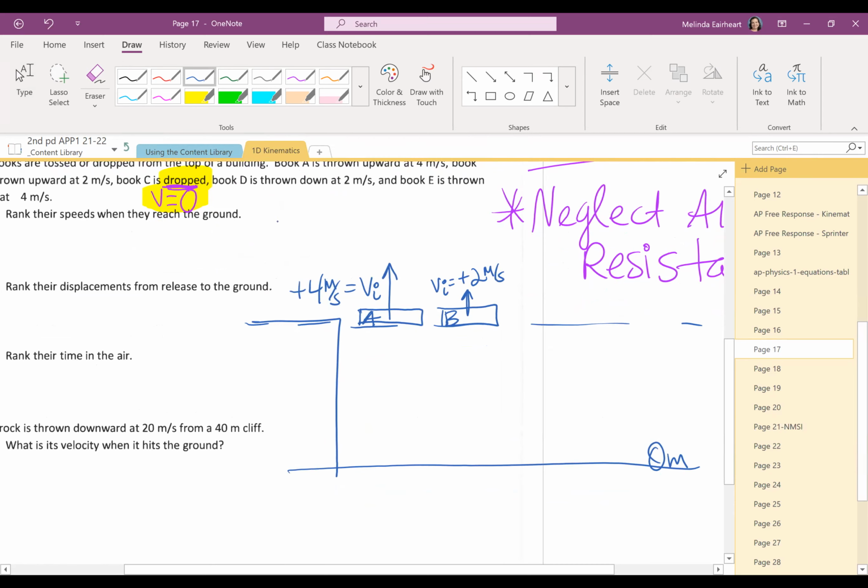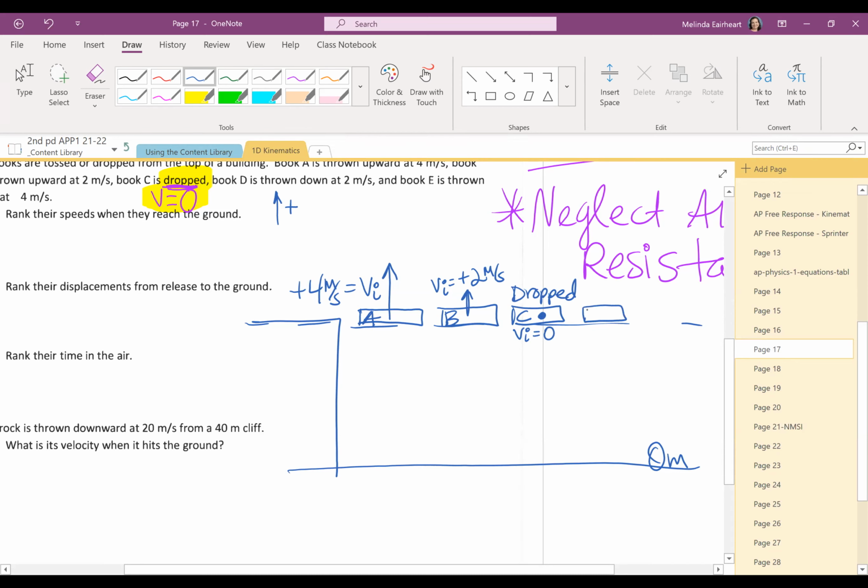I'm saying up is positive, right? So gravity would be negative. Gravity pulls things down. Book C is just dropped. No arrow. So this is like our dot. No arrow is a dot. Initial velocity is 0.